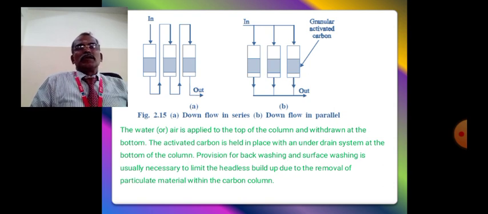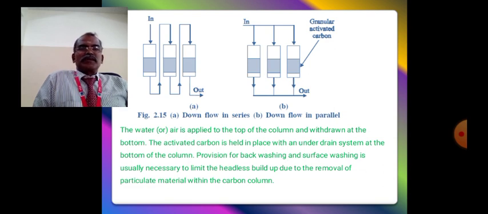So all three have three inlets and three outlets. The water and air are applied to the top of the column and withdrawn at the bottom of the carbon contactor column. The activated carbon is held in place with the underdrain system at the bottom of the column.